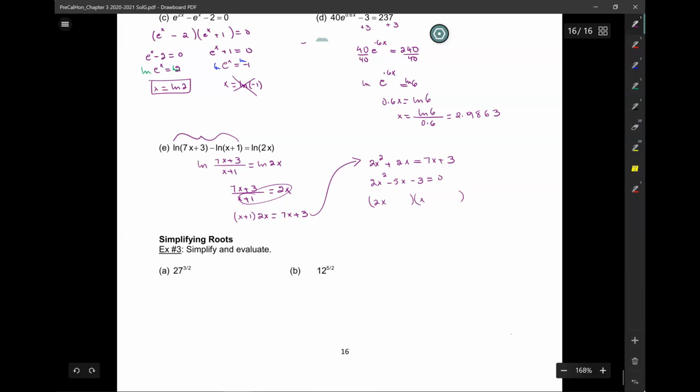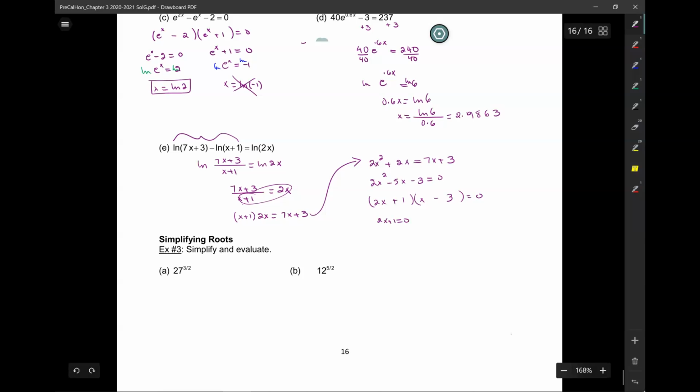2x, x. And if I factor this, I'll get -3 there and +1 here. So that I get -6x plus x, which is -5x, and all that is equal to 0.